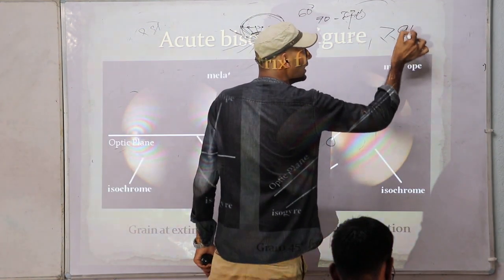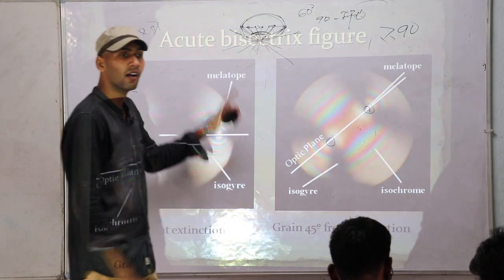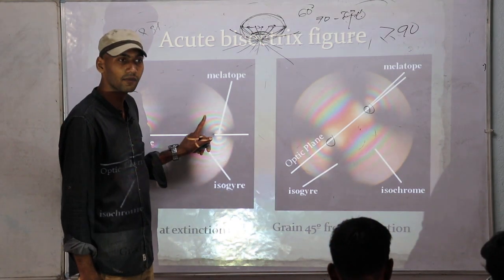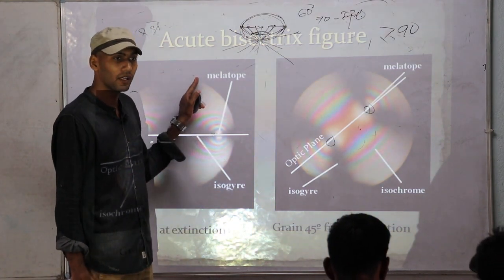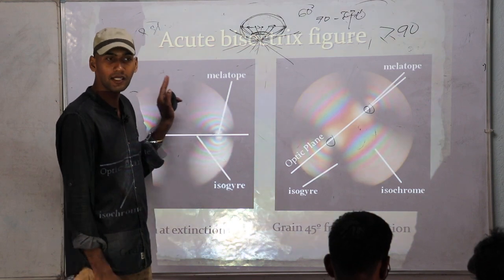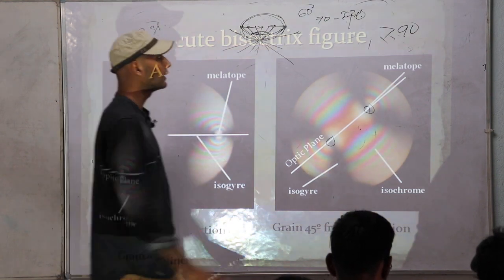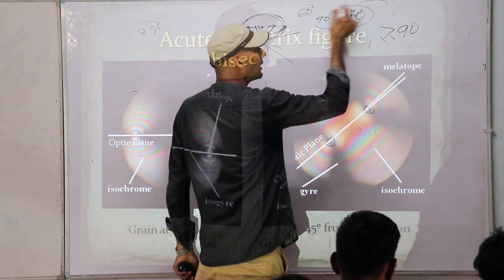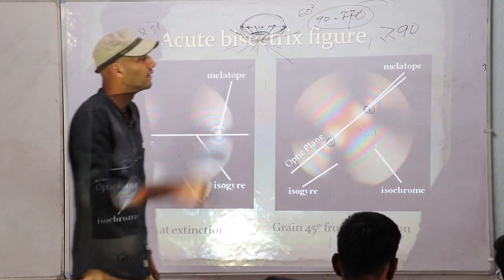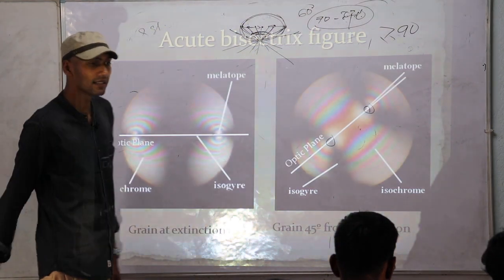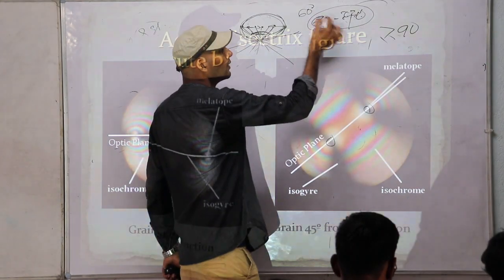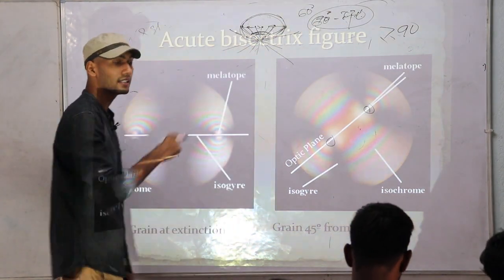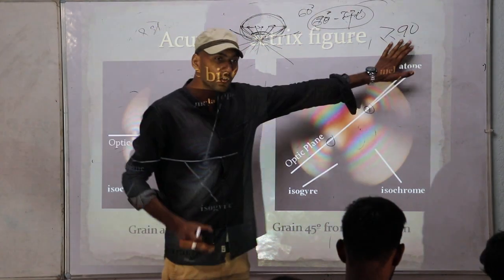If the angle is greater than 90, you are watching the obtuse bisectrix figure. There are two figures: the acute bisectrix and the obtuse bisectrix.